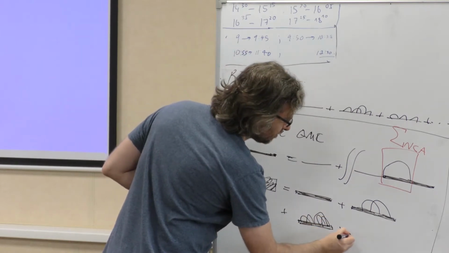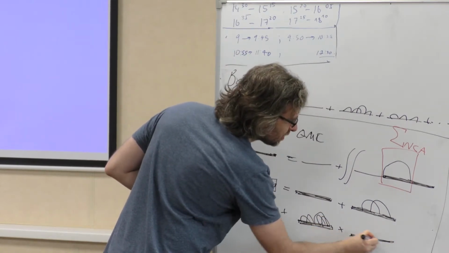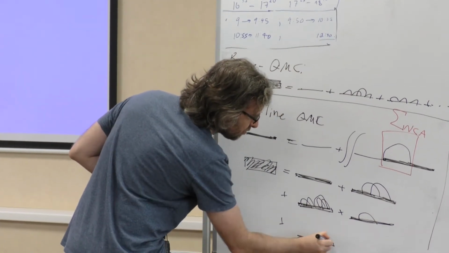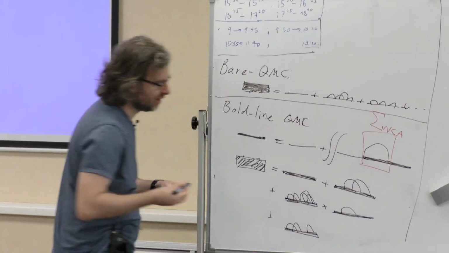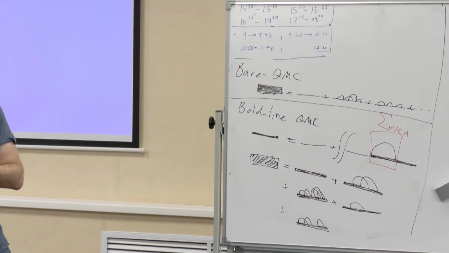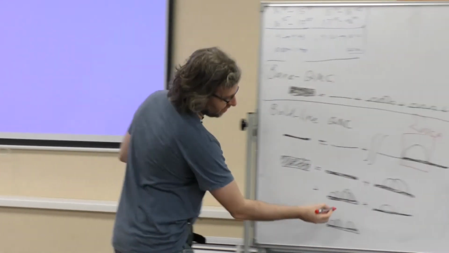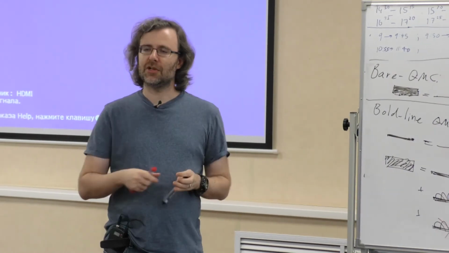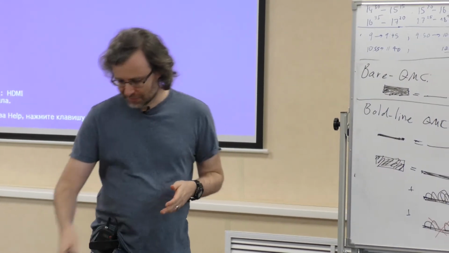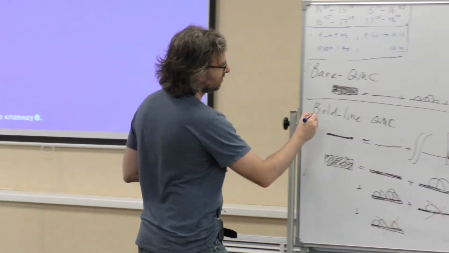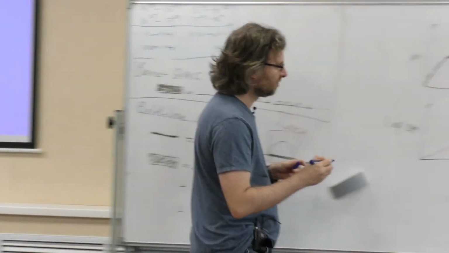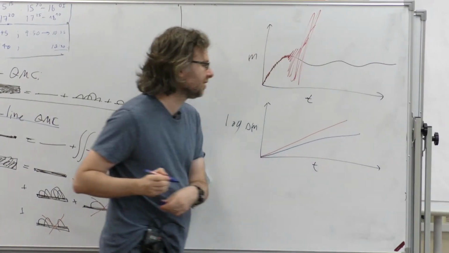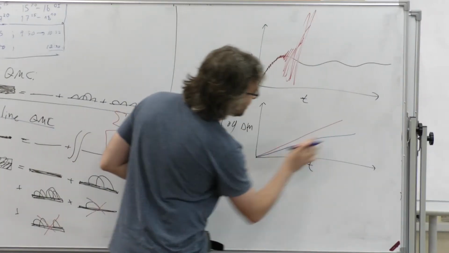But you do not have to sum up diagrams like this, and you do not have to sum up diagrams like this, because each one of these diagrams has a one crossing inclusion. And if you do this, you will get something like that. This is supposed to be a straight line.